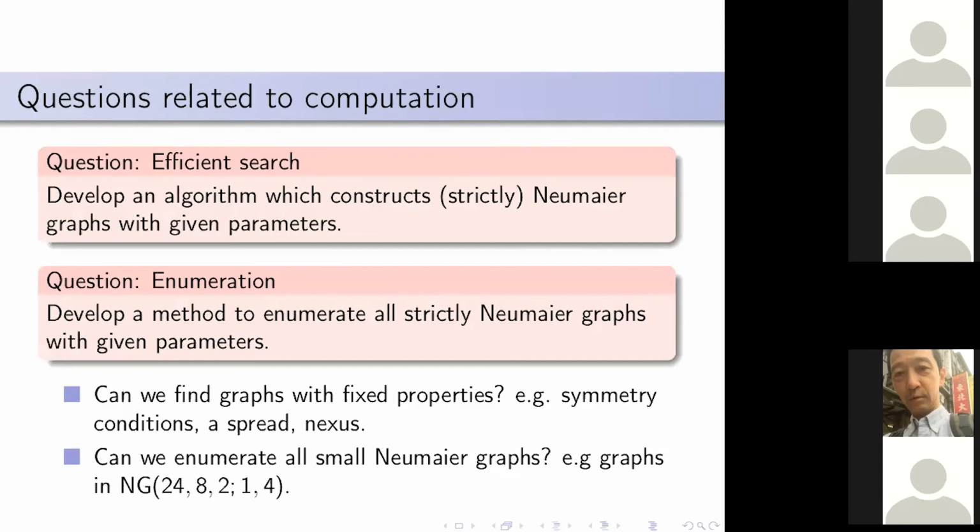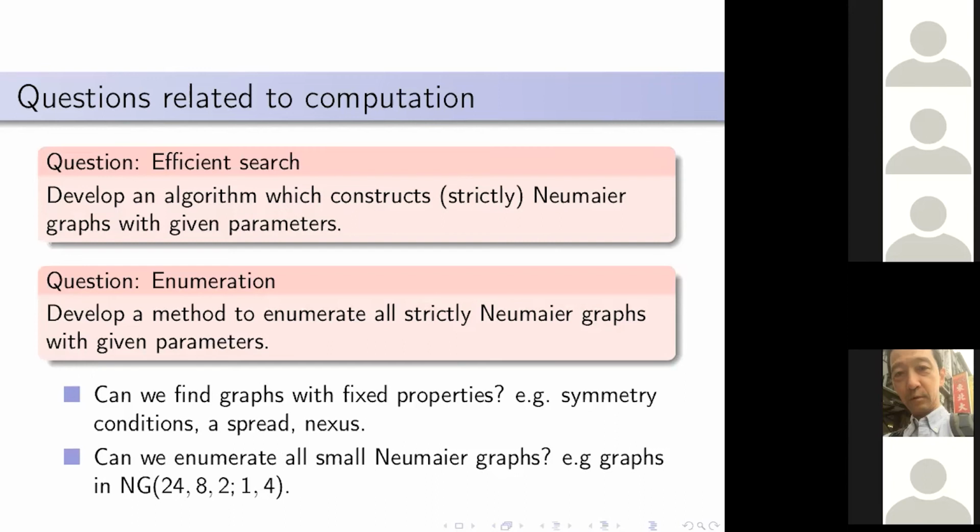And again, we can ask similar questions as with what we did with the constructions. So can we find graphs with fixed properties like certain symmetry conditions, the existence of a spread of regular cliques, or a fixed nexus again.